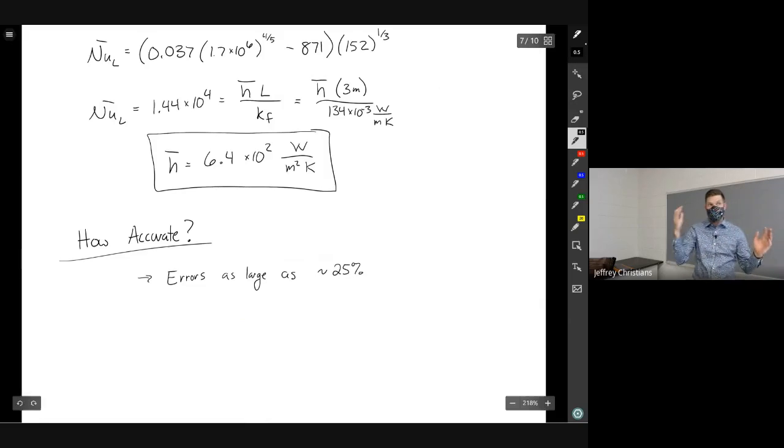Maybe errors as large as 10, 20, 25%. So be a little careful when you're calculating this, don't show a number to 5 significant figures, for example, because there's simply a lot of error in these types of models. There's a lot of stuff happening with convection.